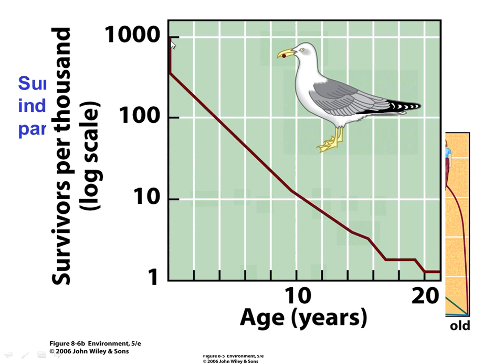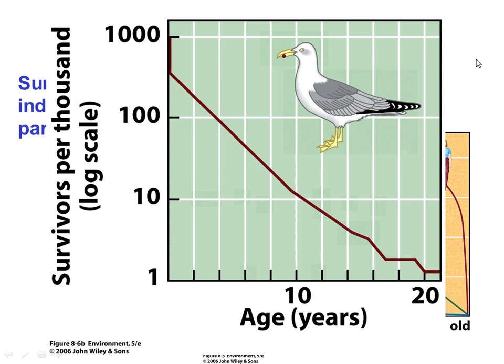So the chicks, they're really small, lots of predators, other birds can come and eat the chicks, and so it's kind of likely that they're going to die at a young age. But once they get past that very young age, they're able to fly, they become bigger, then their age has no effect on when they're going to die. So they have the same chance of dying throughout the rest of their life. So they exhibit two types of survivorship. That would be type 3 and type 2.